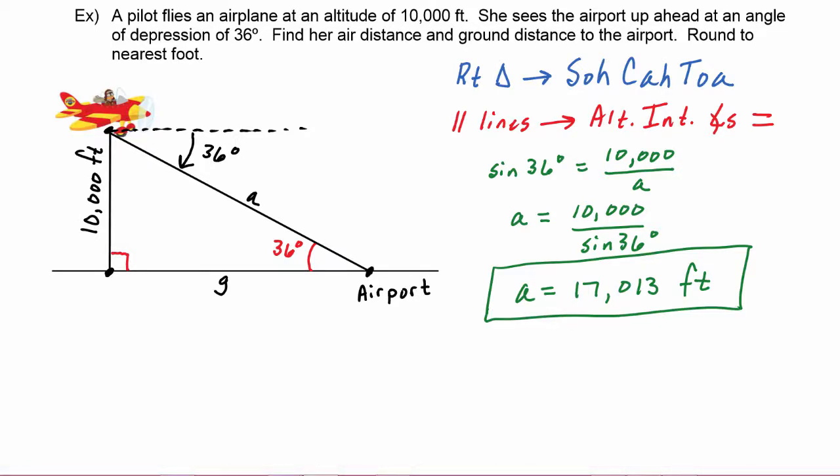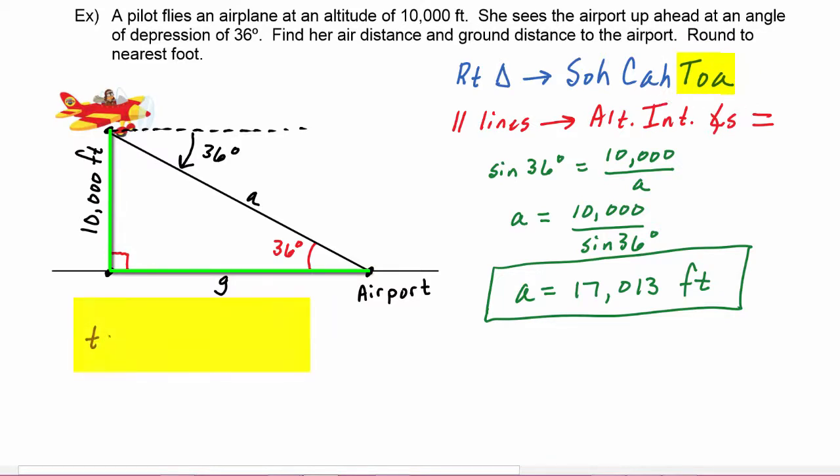We're also asked to find the ground distance, and we see that relative to the 36 degrees, 10,000 is the opposite leg, G is the adjacent leg, so then that means we're going to be using tangent.